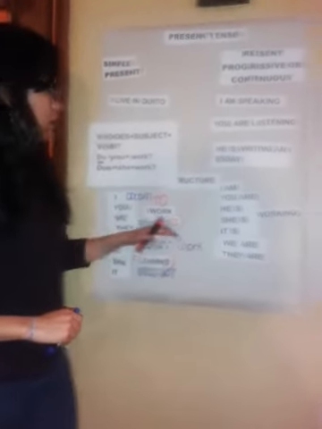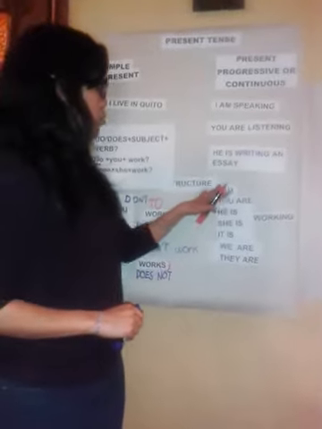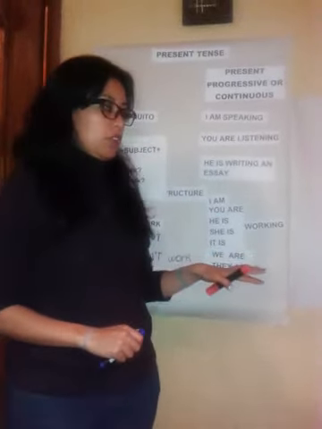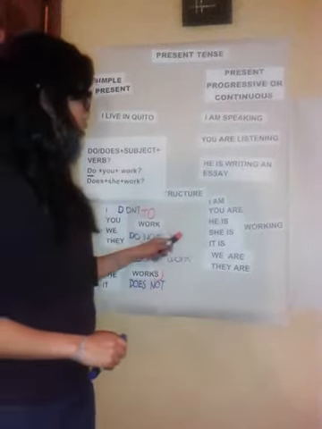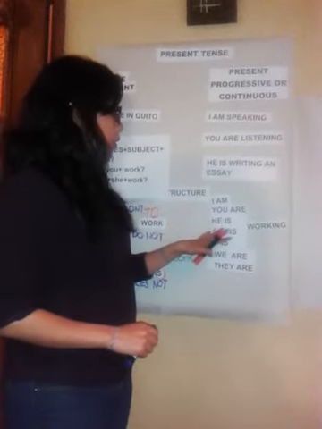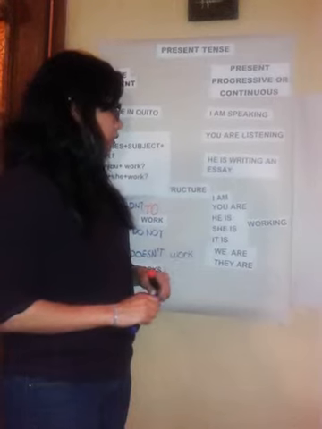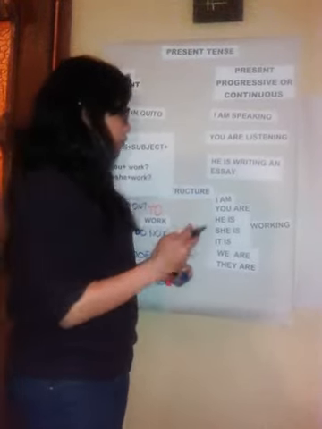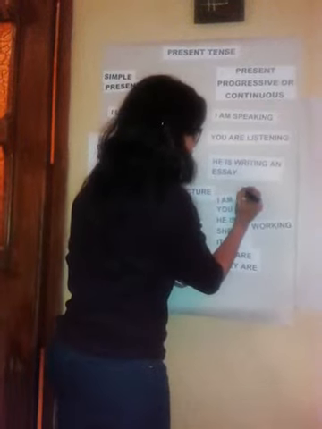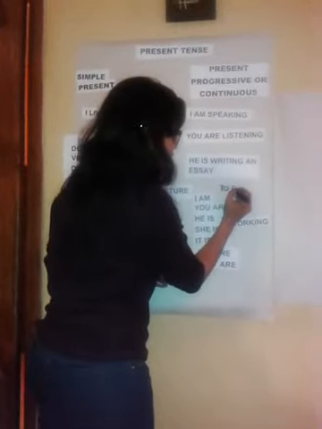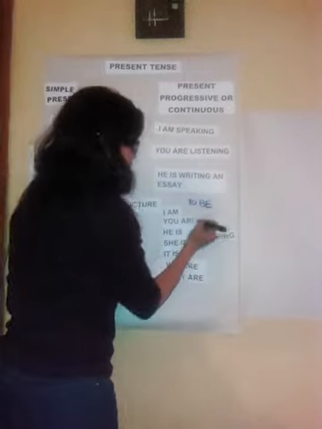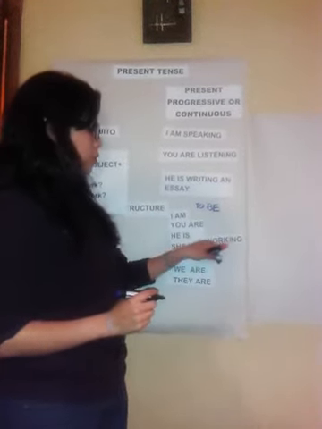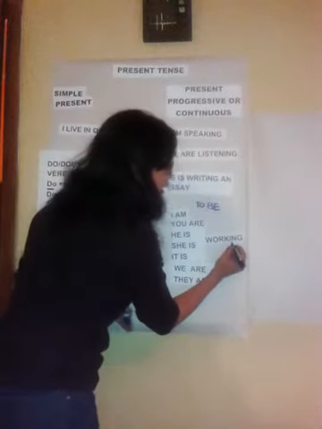Then we continue with the structure of the present progressive or present continuous. Here we will use the subject plus the verb to be plus the base form of the verb adding ing.